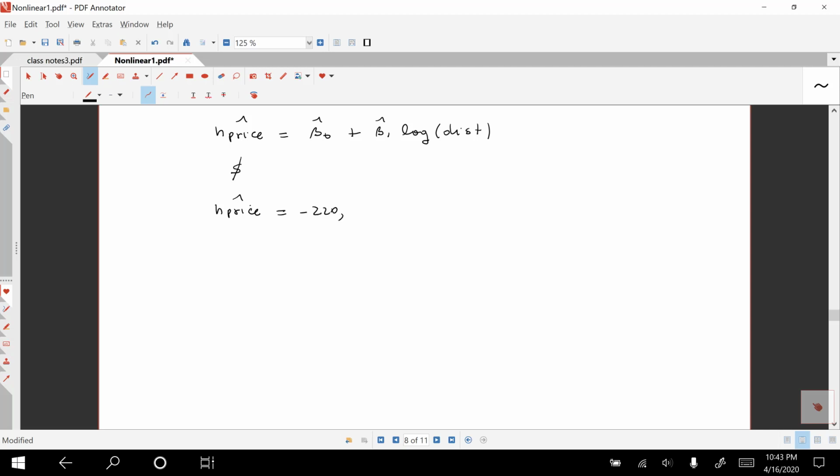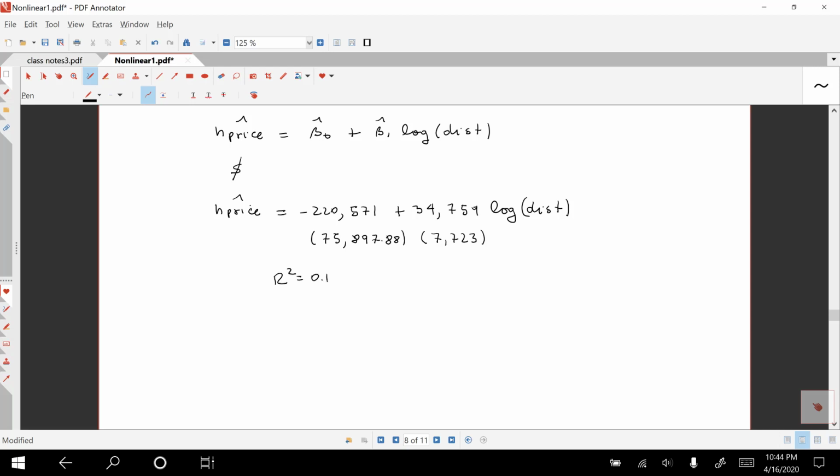minus 2,271 plus 34,759 times the log of distance, with standard errors, and I'm using the equation form to present the results.